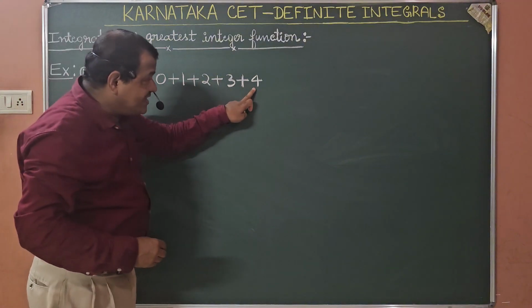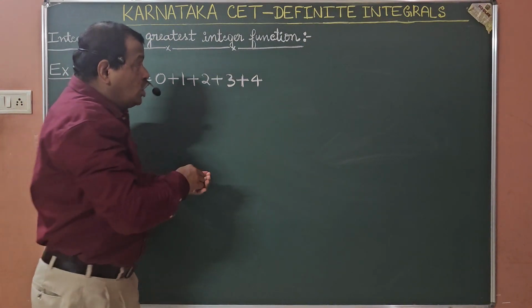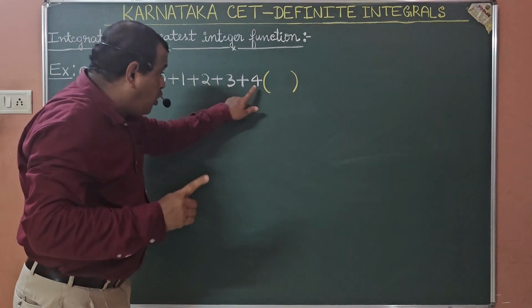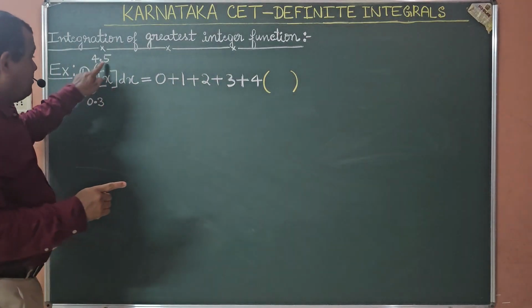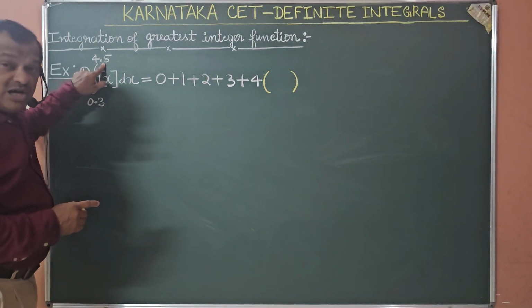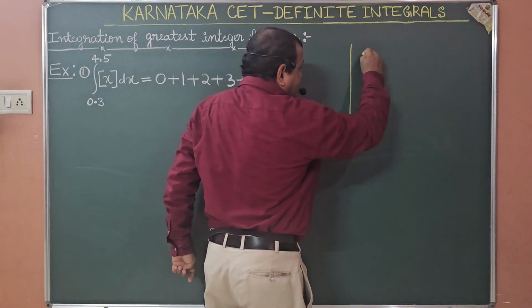And this 4 that is added should be multiplied by the fractional part of the number 4.5. That I will show you in the rough work side.